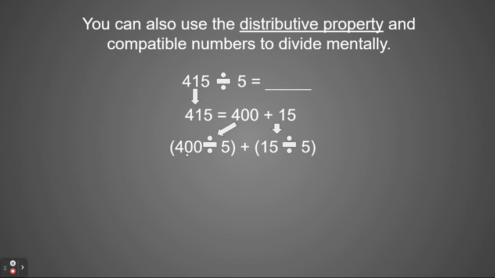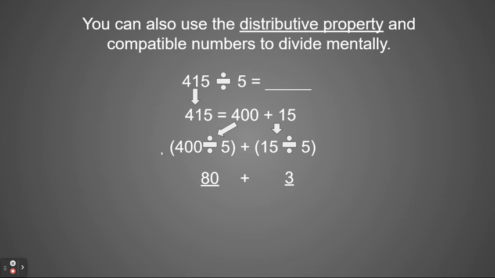So now I will have 400 divided by 5 plus 15 divided by 5. Then I will solve those problems. 400 divided by 5, I know 40 divided by 5 is 8, so 400 divided by 5 is 80. Plus, I can't forget my plus, 15 divided by 5 is 3.